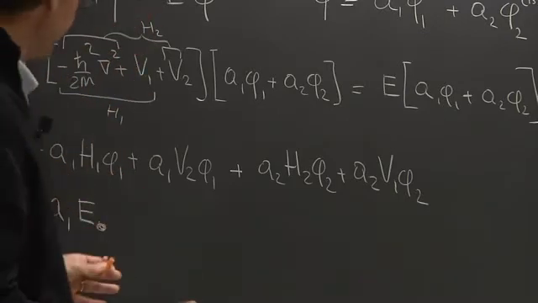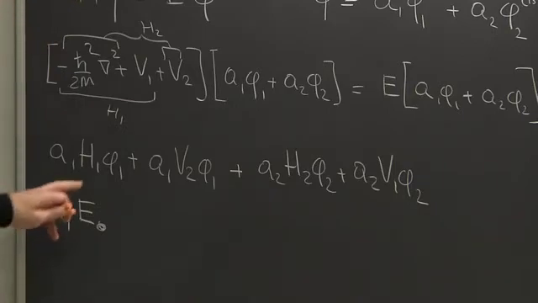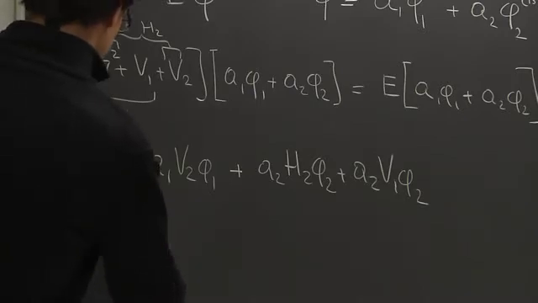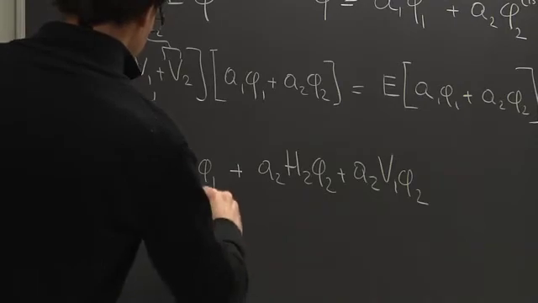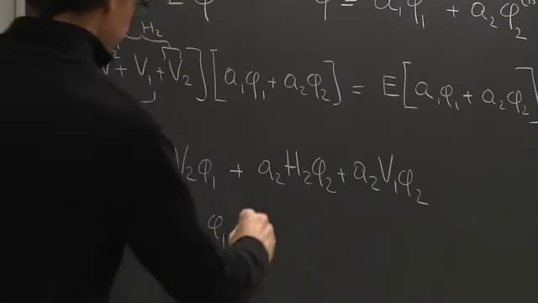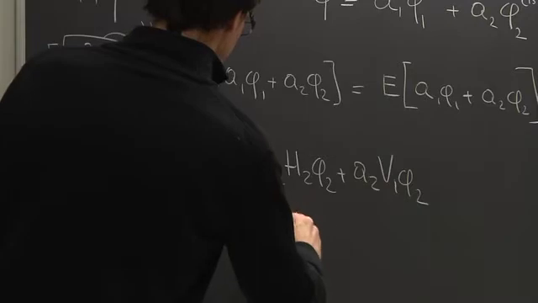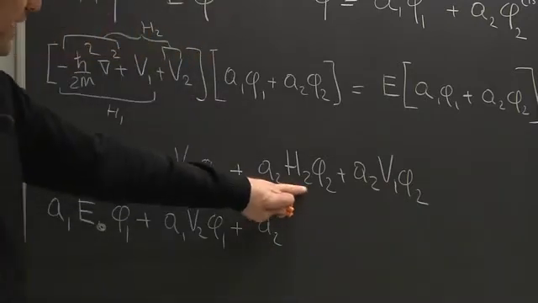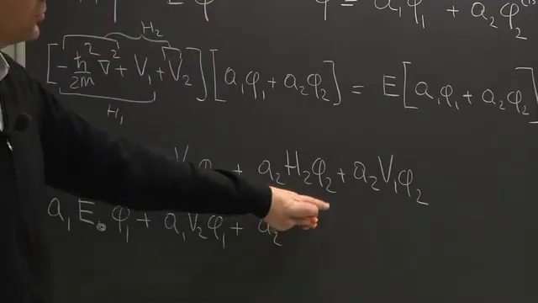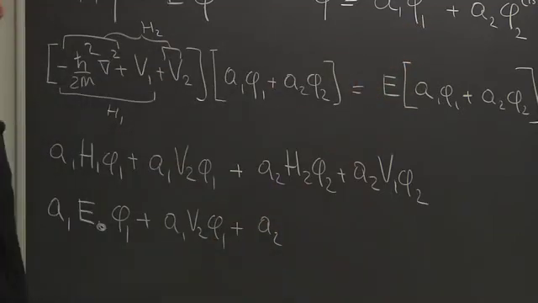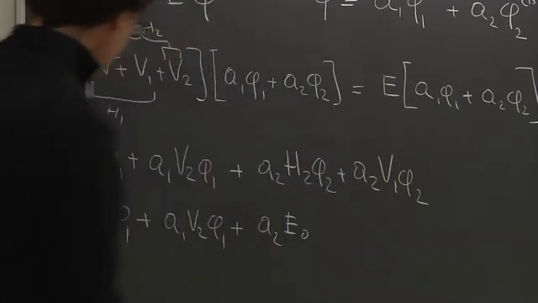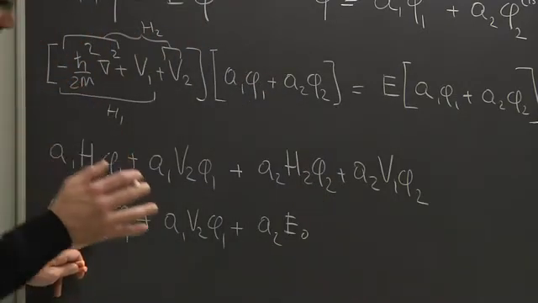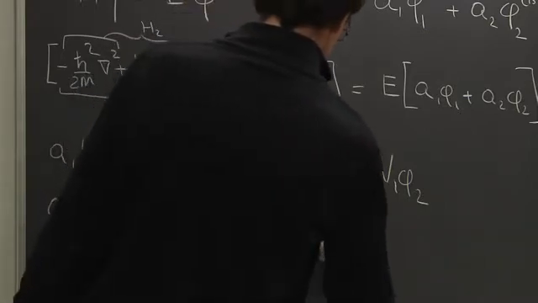If you wish to be more general, it's the atomic energy of the atomic state phi 1 times phi 1, plus A1 V2 phi 1, plus A2, same with H2 phi 2. H2 phi 2 is the solution of the atomic problem. So this will be the same energy, whatever that is, 1s, 2s, whatever, times phi 2.